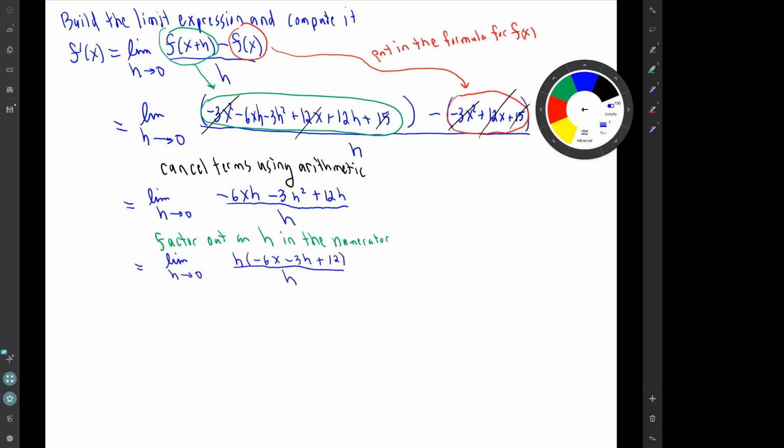We show the result of factoring out that h, and this is a very useful step to have because we can see clearly that this is an indeterminate form, because if we were to substitute in h equals 0 right now, we would get 0 over 0.